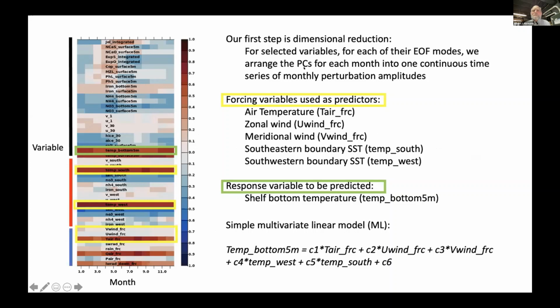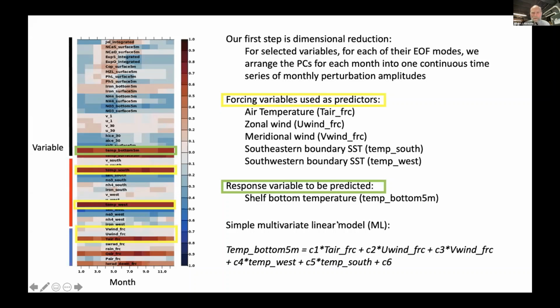For each of the EOF modes, we arrange the PCs for each month into one continuous time series of monthly perturbation amplitudes. We used air temperature, zonal wind, meridional wind, southeastern boundary SST, and southwestern boundary SST, all to see if we can predict bottom temperature using these machine learning methods.